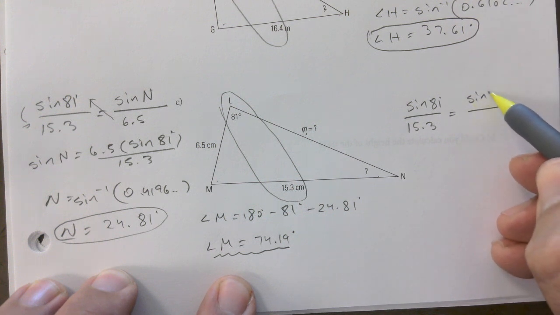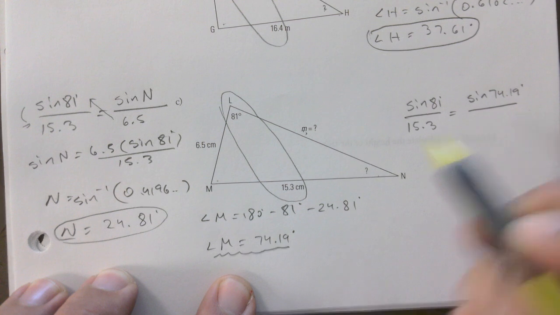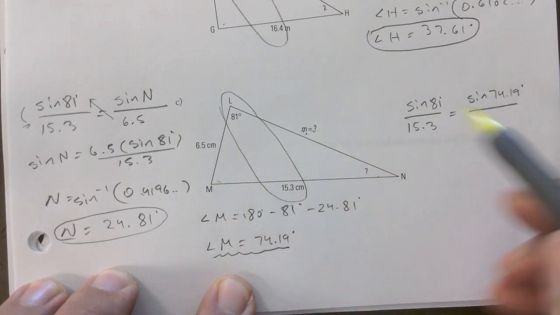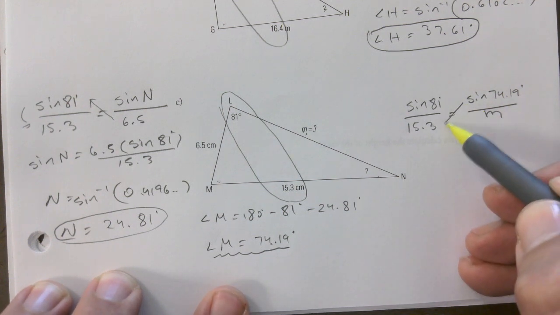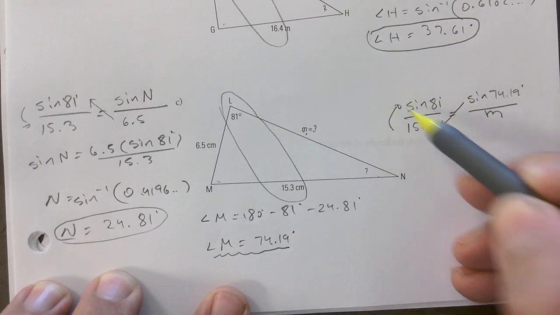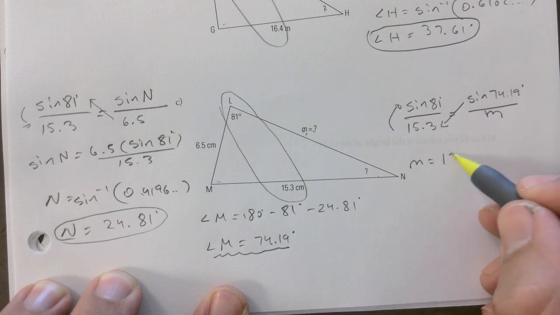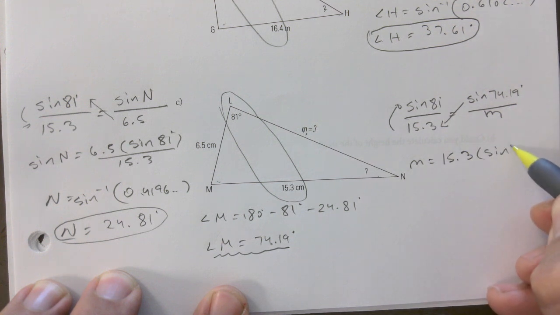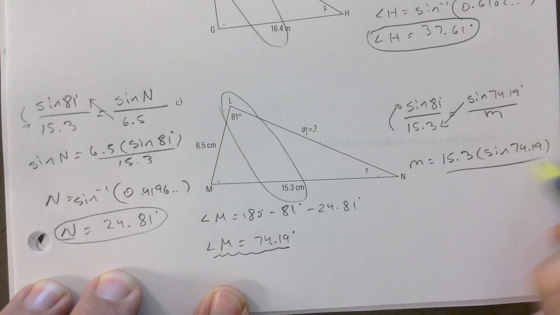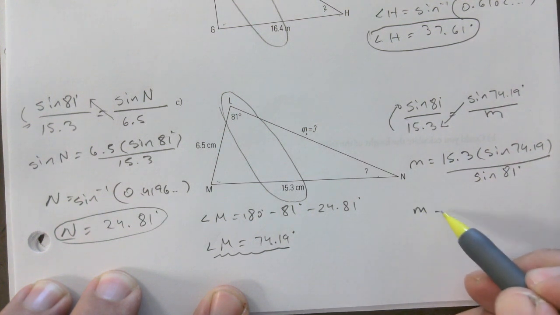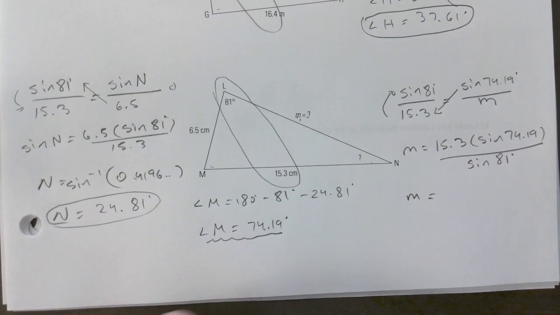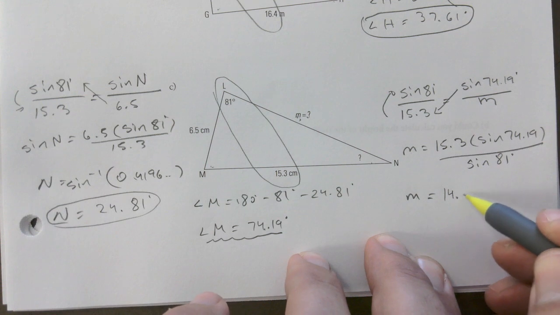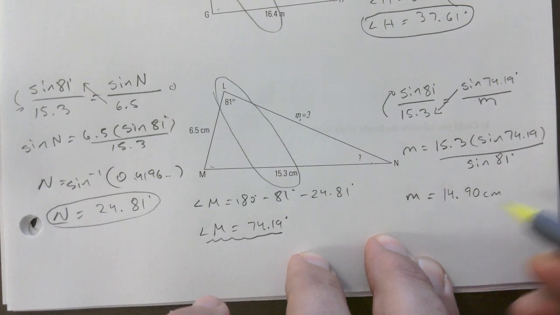I'm going to now use this one, the 74.19, which is going to help me find side M. Now we're back to yesterday's lesson, right? Cross multiply and divide. So it's 15.3 times sine of 74.19 divided by sine of 81. So when you cross multiply and divide those, you get 14.90 centimeters.